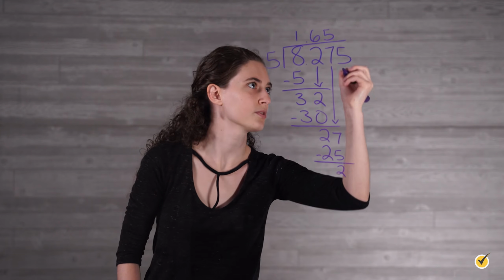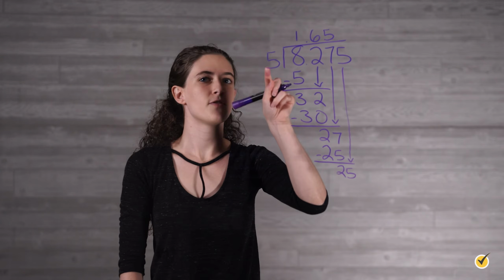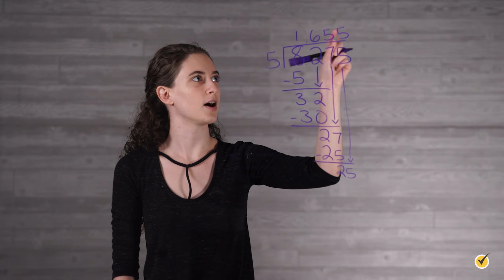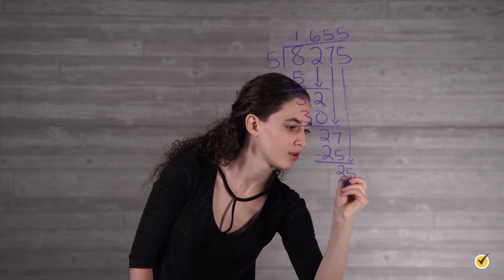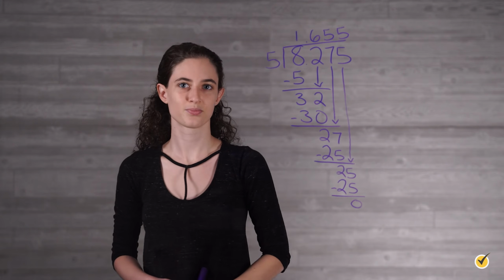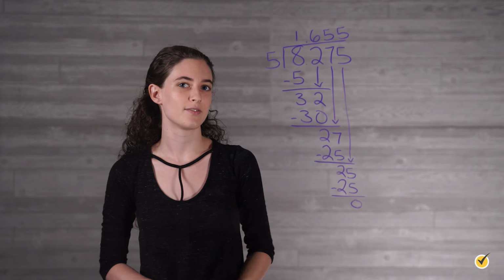Now we have 2, and we're going to bring this 5 down. 5 goes into 25 5 times, so we write a 5 up here. 5 times 5 is 25. Write 25 and subtract, which gives us 0. The final answer is 1.655. Here's another one for us to try.